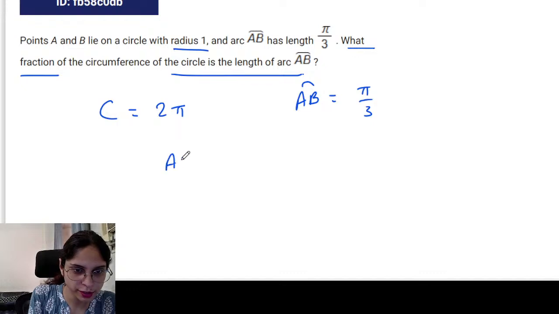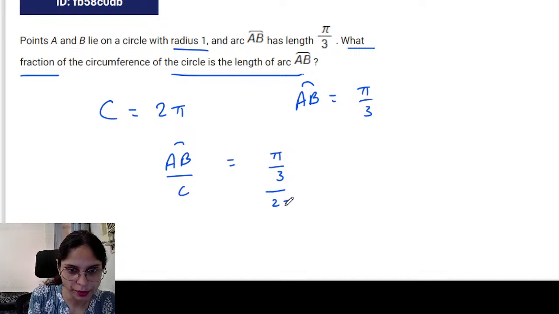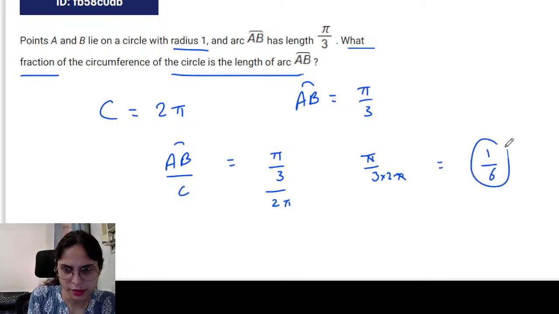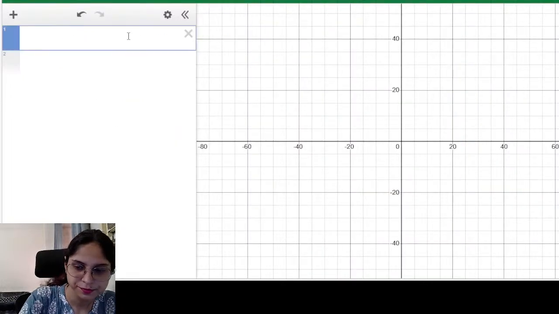So you just need to find the arc length over the circumference. That is pi over 3 over 2 pi, which is 1/6.